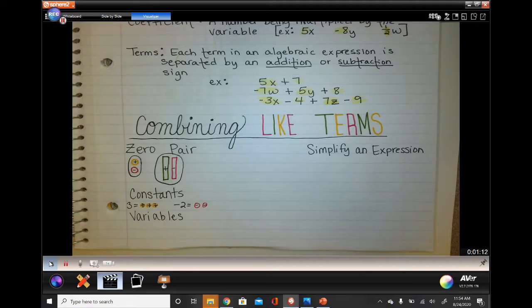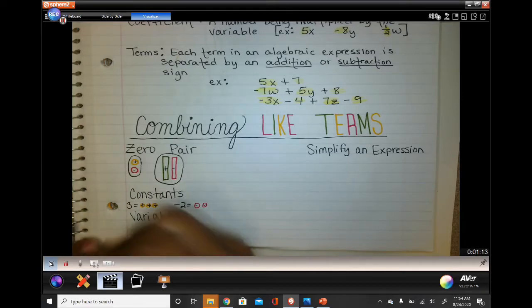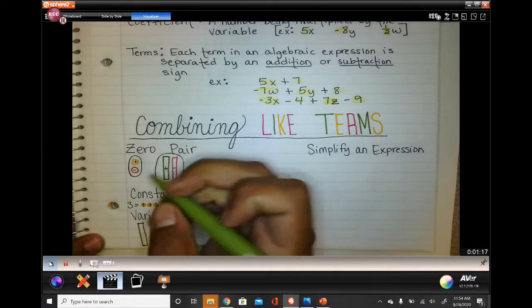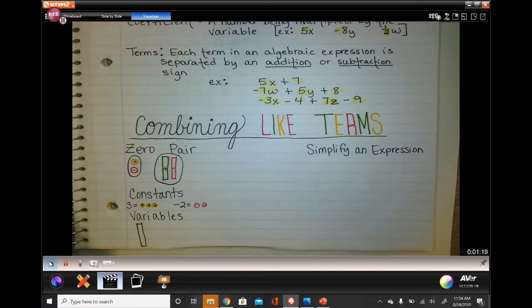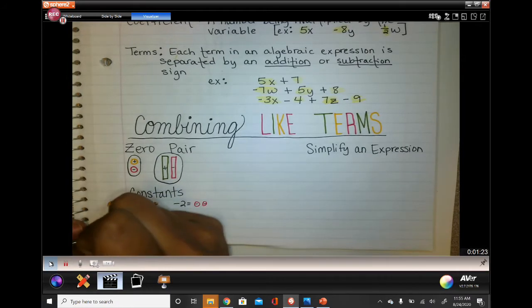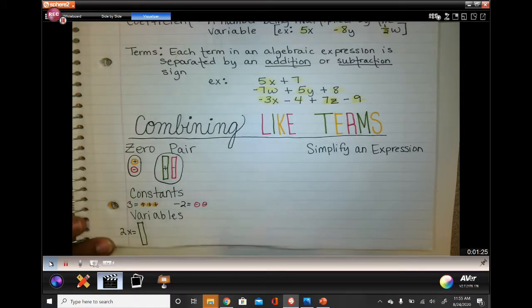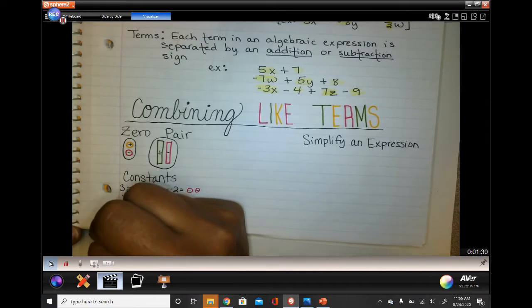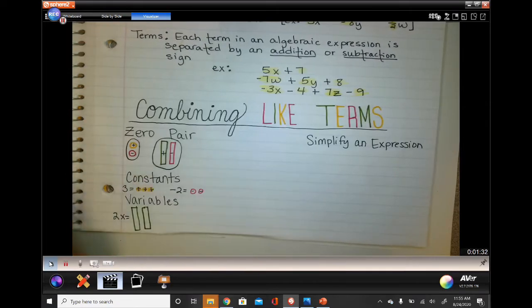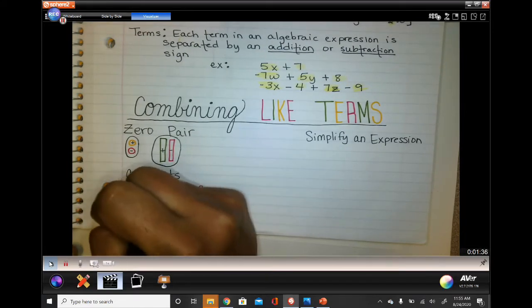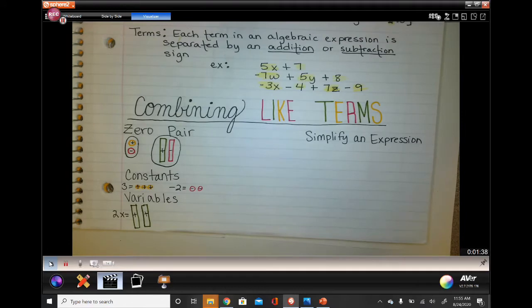With variables, again, you could just draw a rectangle with the positive sign. So let's do 2 x's. That would be 2 of our green rectangles, since it's positive, or you could just do it in pencil and just make sure that you put plus signs inside.